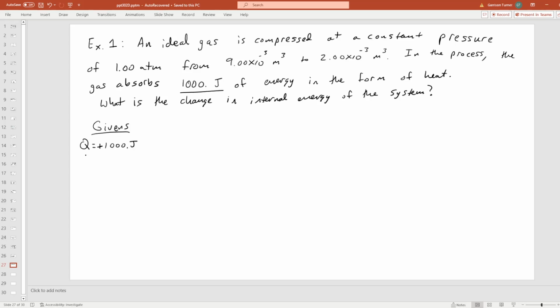And then we also have our initial pressure at 1 atmosphere, which is 1.01 times 10 to the fifth Pascals, right?